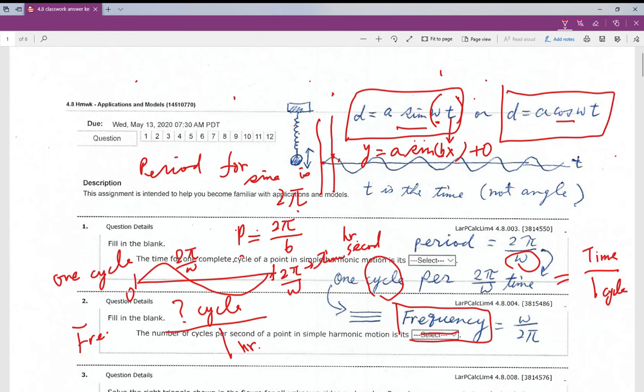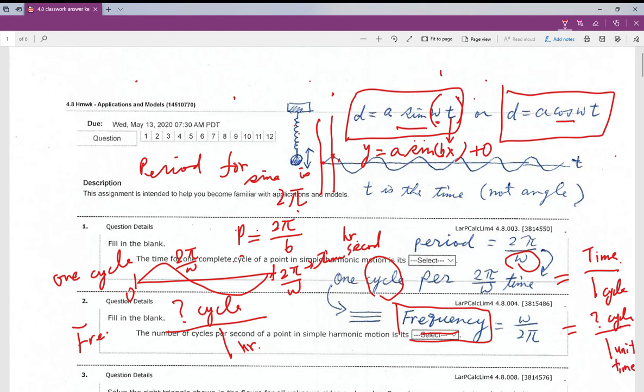The times for one cycle. And the frequency is, how many cycles in one unit time?